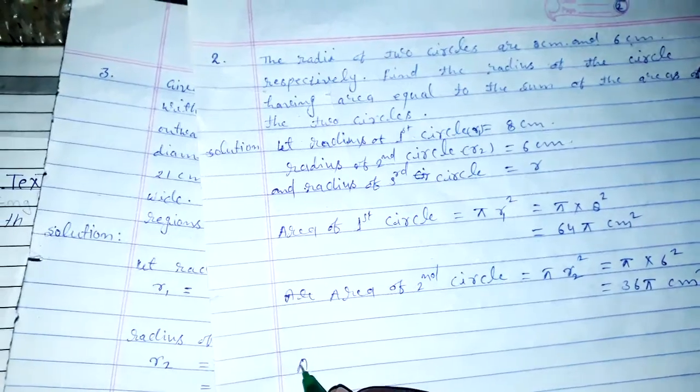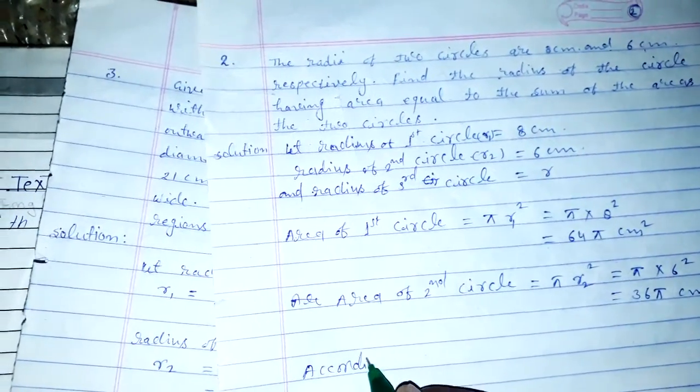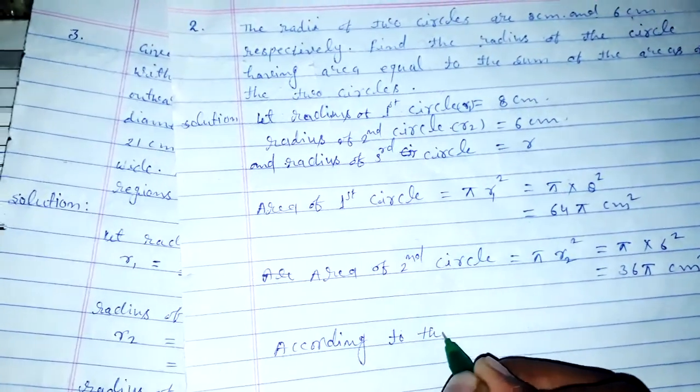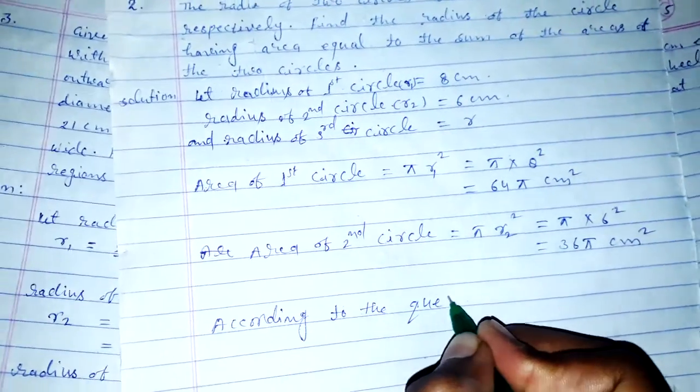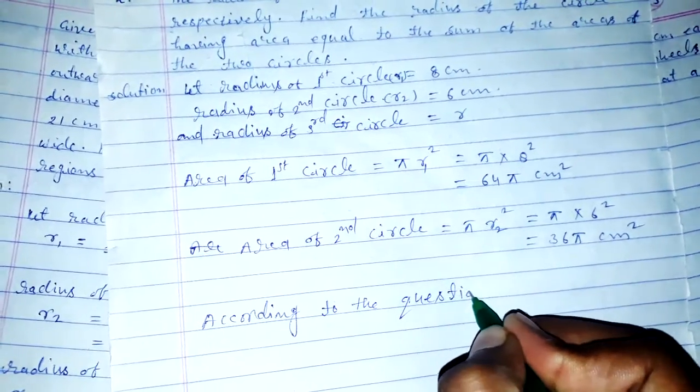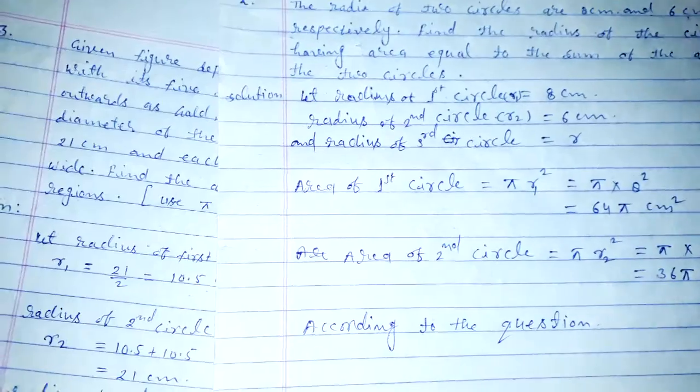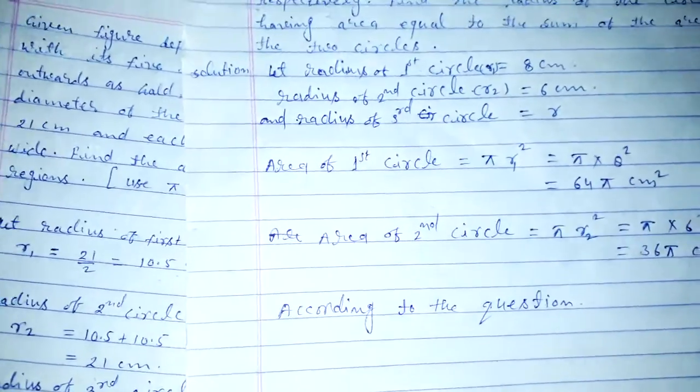According to the question, the area of the new circle is equal to the sum of the areas of the two given circles.